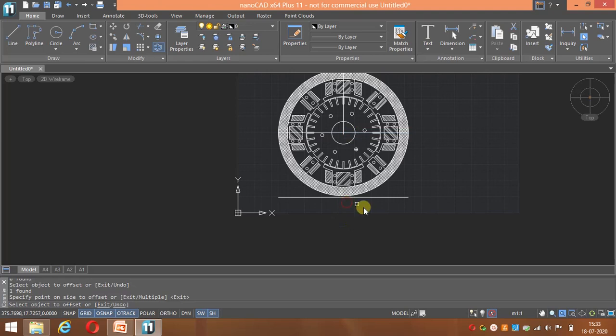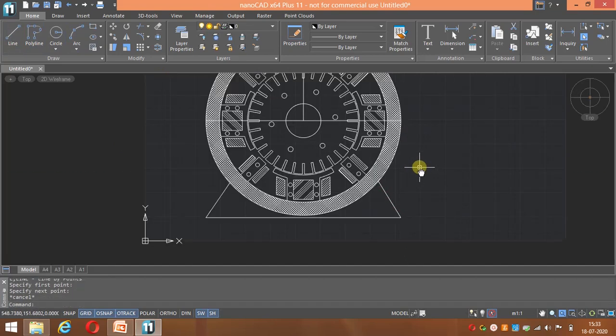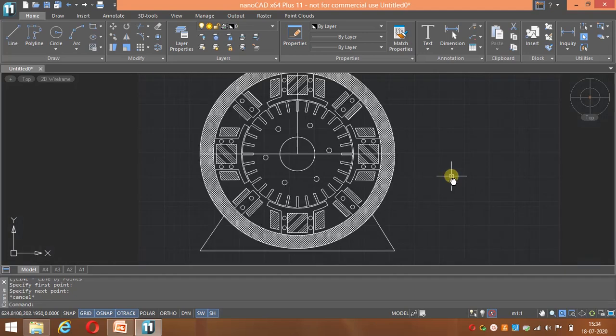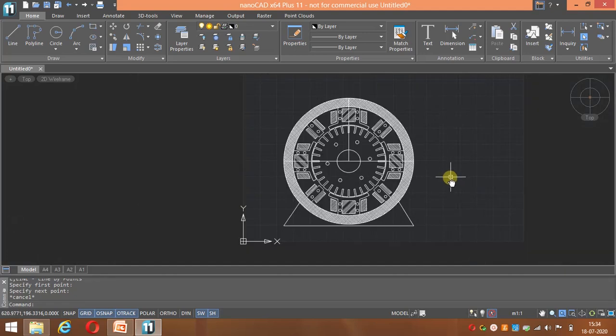From here to here it should be 200 mm, and take a line. Just give a finishing touch for the base. Okay, now you can see this is the end view of a DC generator.